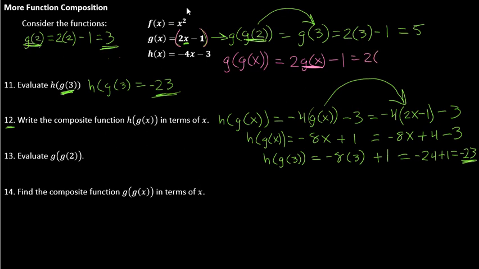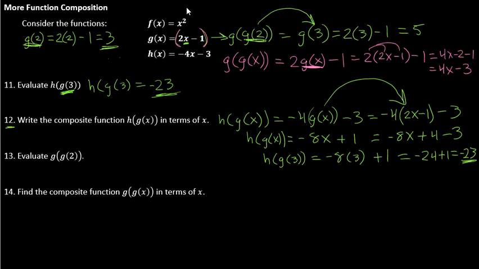So 2 times g of x minus 1. And that's going to give me 4x minus 2 when I distribute, right? Minus 1, which is 4x minus 3.